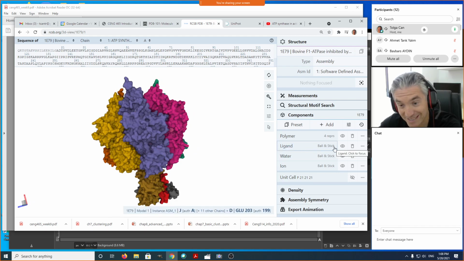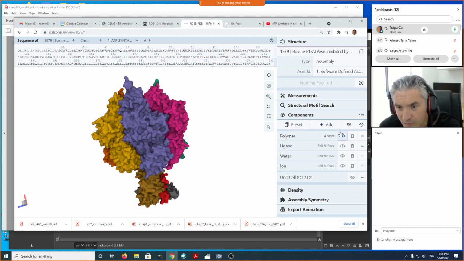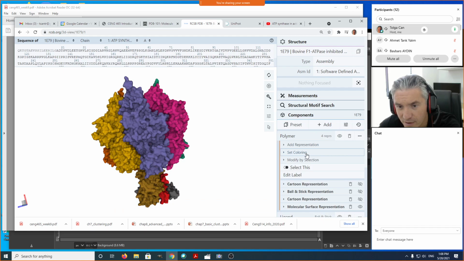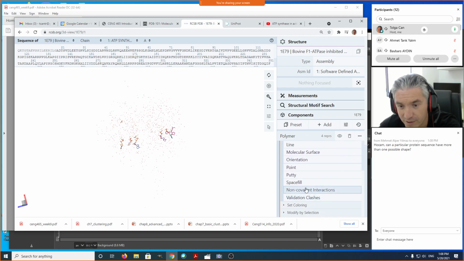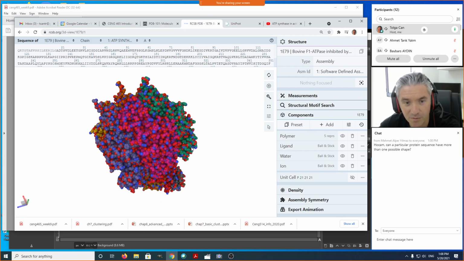But if you want to see the details inside it, you can get other representations too. So if you erase this, let's see what else do we have. Point space fill. Yeah, this one is going to show the atoms in it.